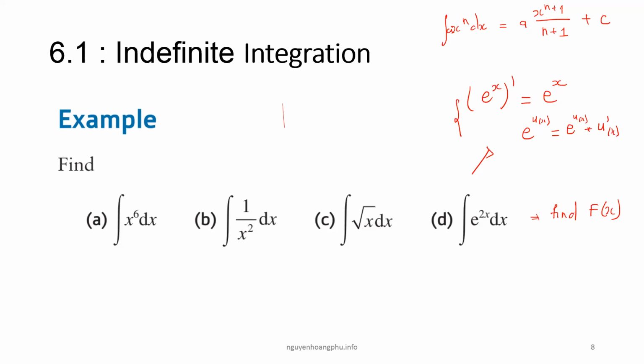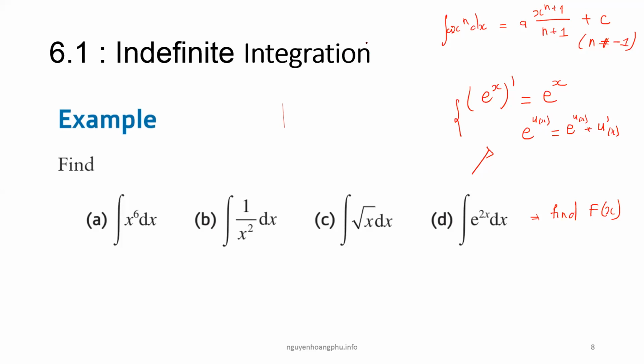For this one, n needs to be different from -1, right? Because here the denominator cannot be equal to 0, so n needs to be different from -1.